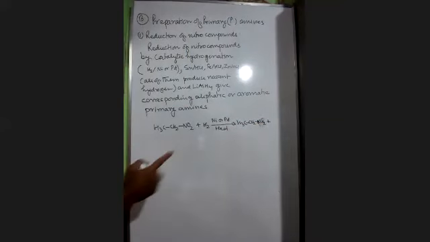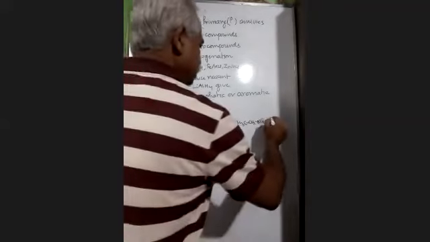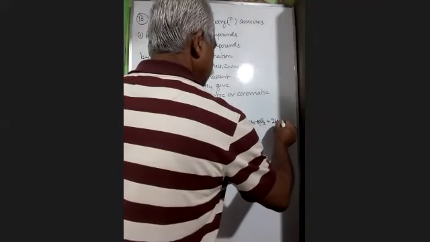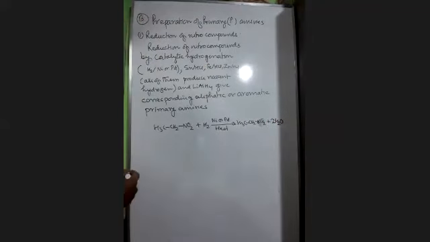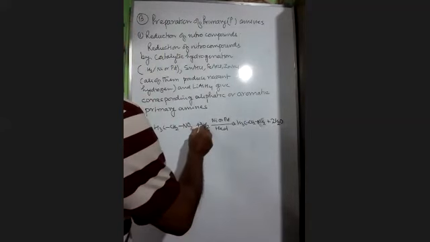Okay, see how many hydrogen I require. I require 2 hydrogen for nitrogen, and for each oxygen I require 2 hydrogen because they will be expelled as water. So here I require 2, here I require 4 because we have 2 oxygen. So how many hydrogen I require? 4 plus 2, 6. That is I have to write here.